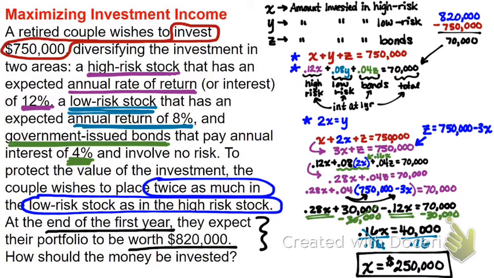So here's my high risk. How much in low risk? 500,000. And you got there by doing what? Yes. 2x equals y. So 500,000 in my low risk.